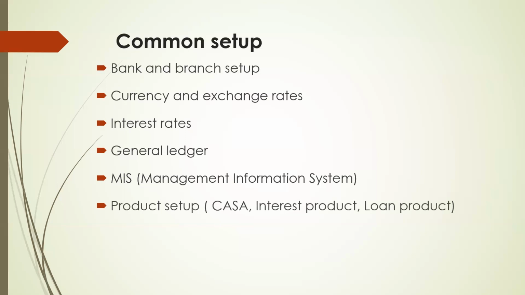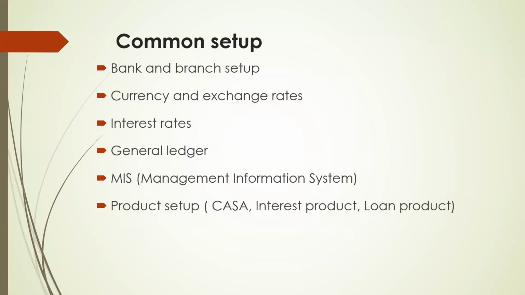Next thing is the product setup. As a functional consultant or business consultant, we will be working more on this once the core banking system is up and running. This will be a regular maintenance activity, whereas CASA, current account, savings account products will be there, where the business team might come up with a new product with new features or an innovative savings product.